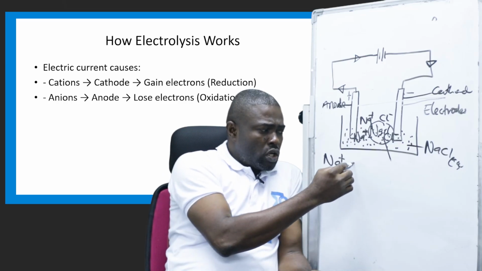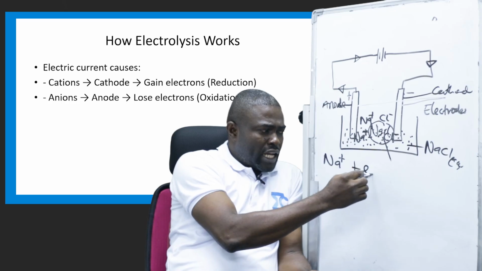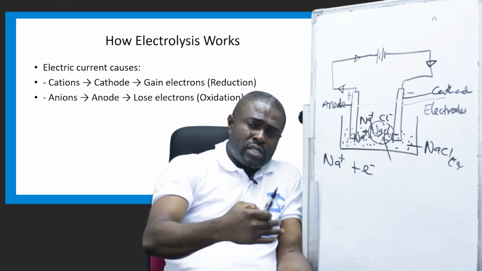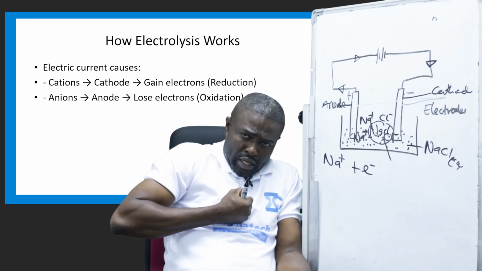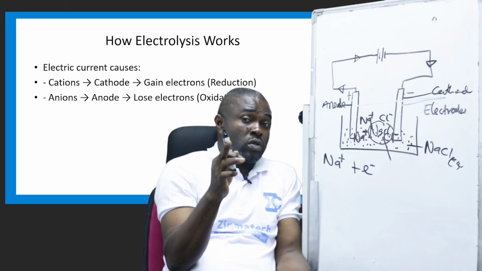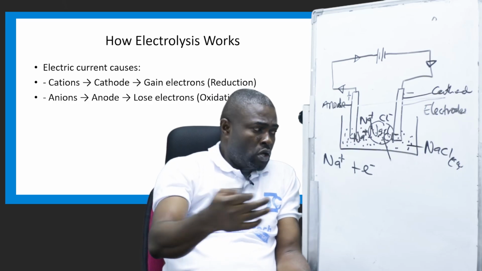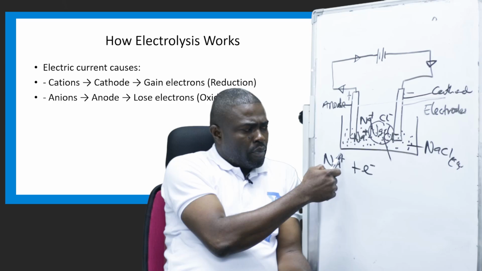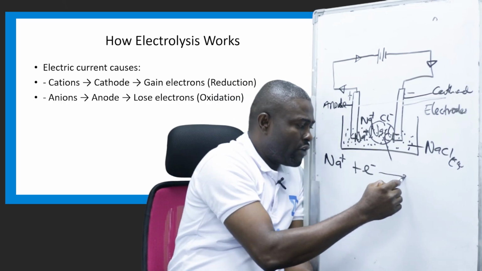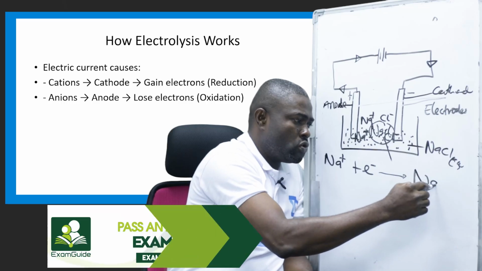Getting to the cathode, it will accept electron. That's why we said at the cathode, what happens there is addition of electron, gain of electron. And gain of electron in terms of oxidation and reduction is a reduction reaction. So what will happen? One plus and one negative, you have a neutral sodium.